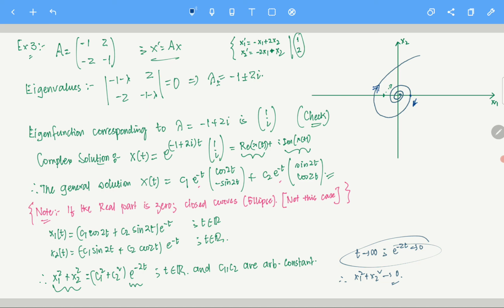So basically it is not counterclockwise, it is going in a clockwise direction in this case. It may happen that in some other case it is going in a counterclockwise direction, but in this case it is going in a clockwise direction.